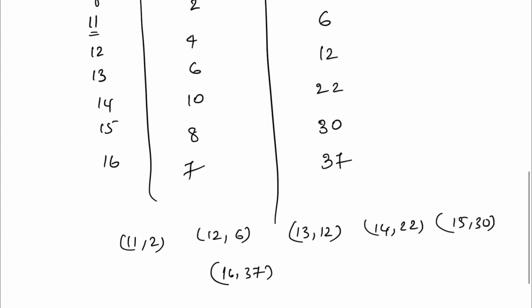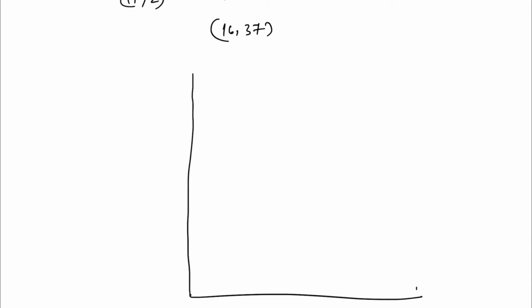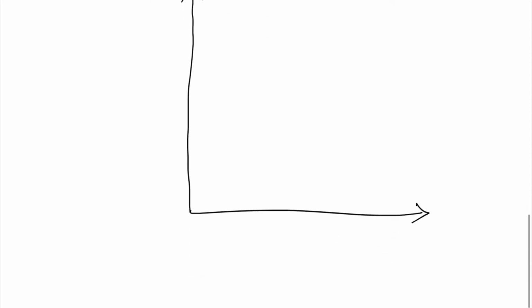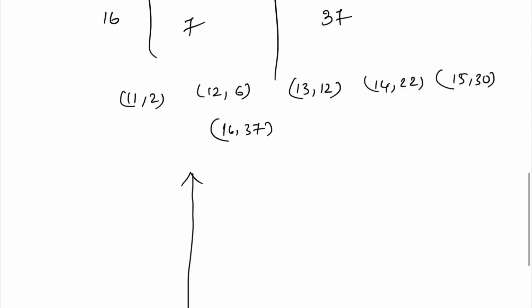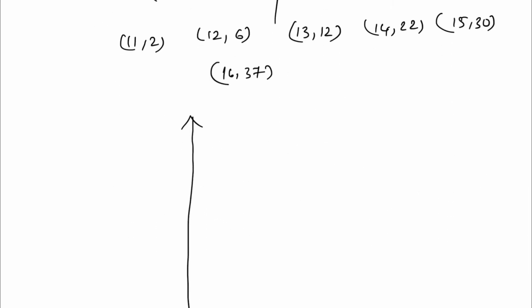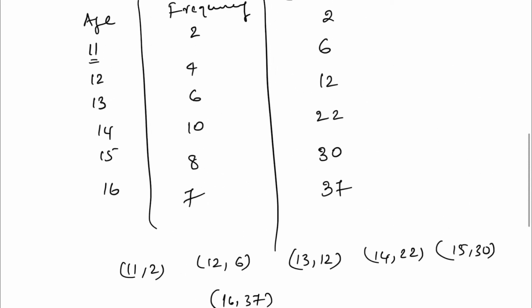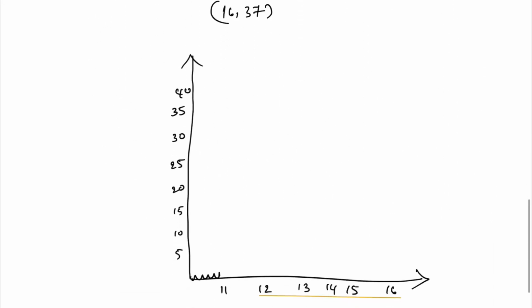Let me plot a random graph for this. I'll start with 11. It's 11, 12, 13, 14, 15, 16. On this side, let me take 5, 10, 15, 20, 25, 30, 35, 40. If I start with 11, it's 11, 2, somewhere over here.